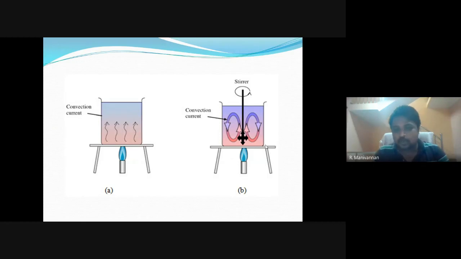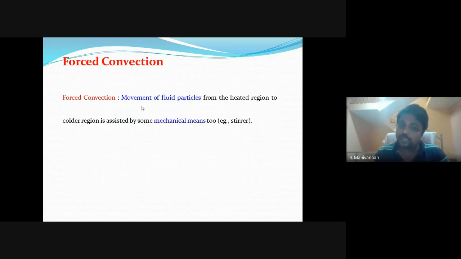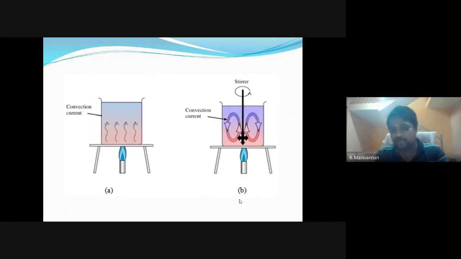Okay. Now coming to forced convection. What is meant by forced convection? Movement of fluid particles from the heated region to the colder region is assisted by some mechanical means, for example a stirrer. In this B figure, you can see the same beaker with water, and a heat source at the center, and in addition you have a stirrer which helps in the mixing.